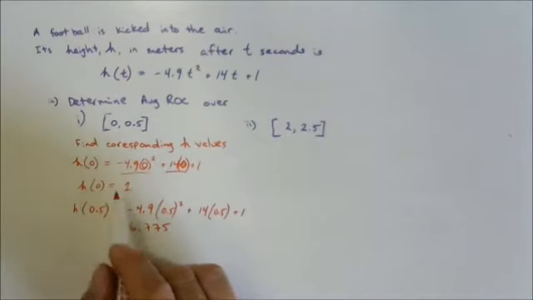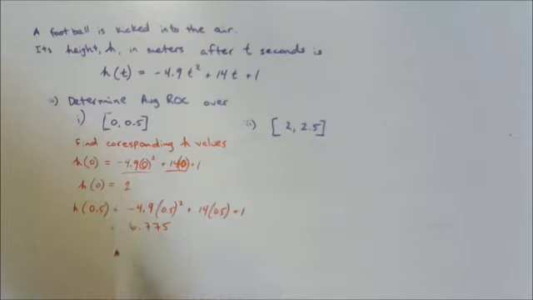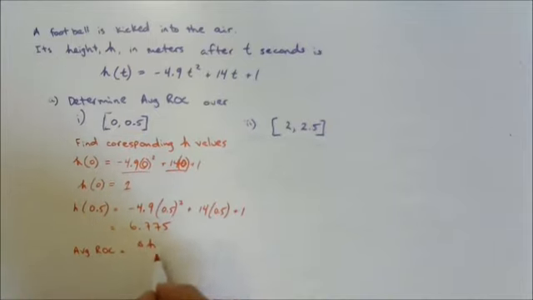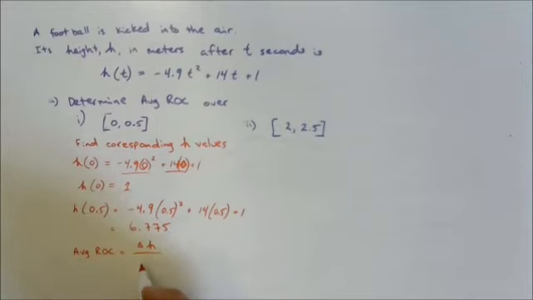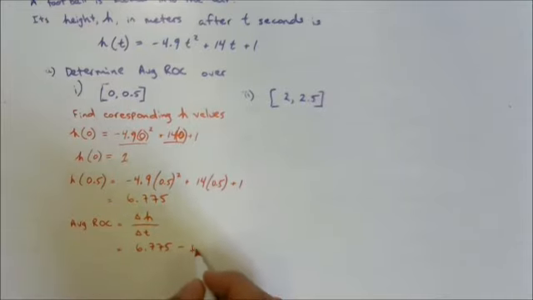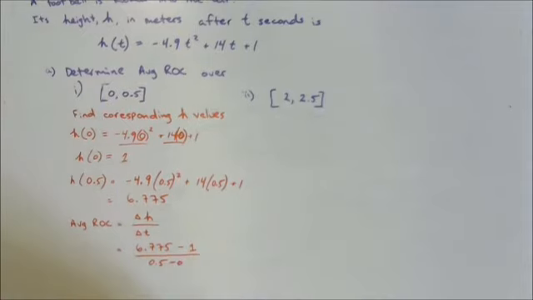Okay, so now we have some corresponding values, and we could find the average rate of change here. So the average rate of change is equal to the change in h over the change in t, which is 6.775 minus 1 for the change in height, and the change in time is 0.5 minus 0.